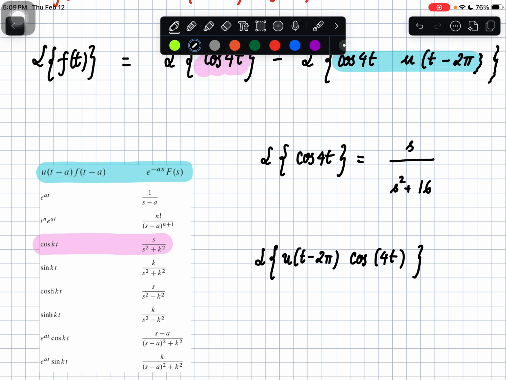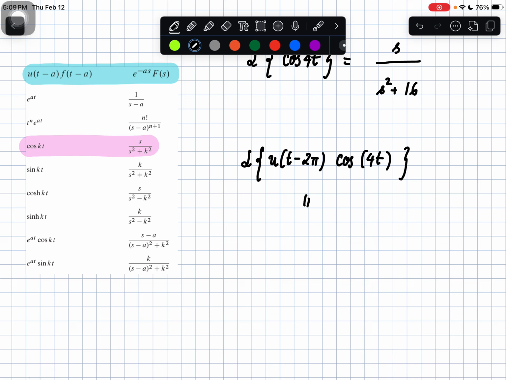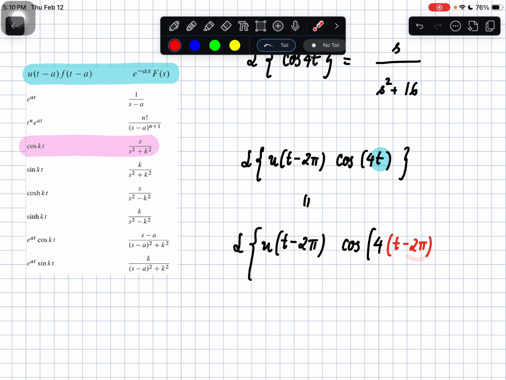I just let it be like this for now. Now we will write exactly as they want: f(t − a) u(t − 2π), cosine. So be careful here with the 4, and t, we want to have t minus 2π. In this case, because we already subtract 2π, this is 4t minus 8π.